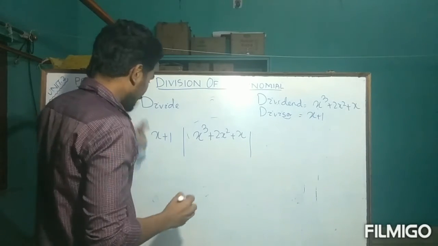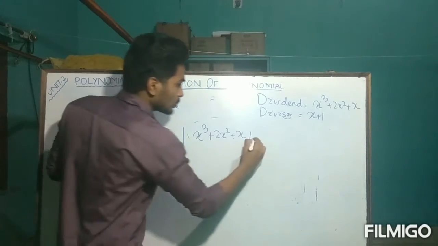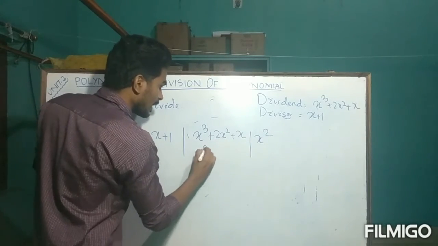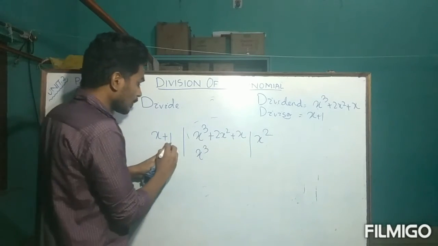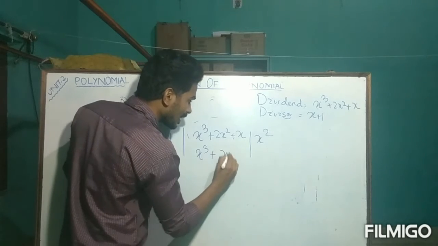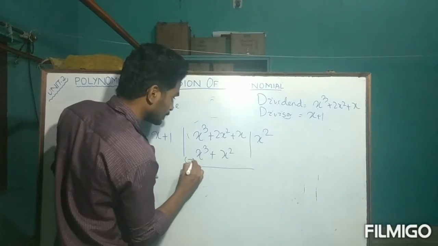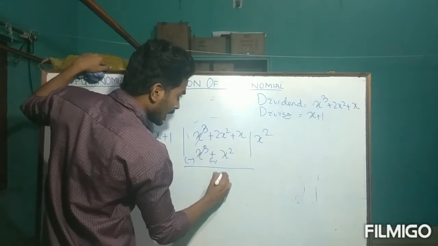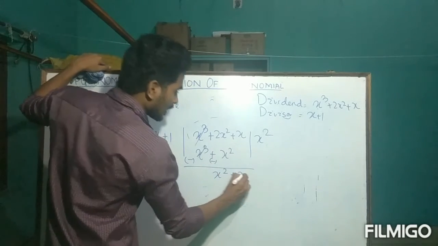Now let's divide. We have to get x cube, so we have to multiply by x square here. X into x square is x cube. Then 1 into x square is x square. Now these two cancel out. 2x square minus x square will be x square plus x.